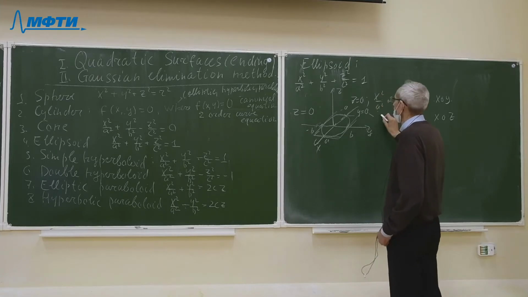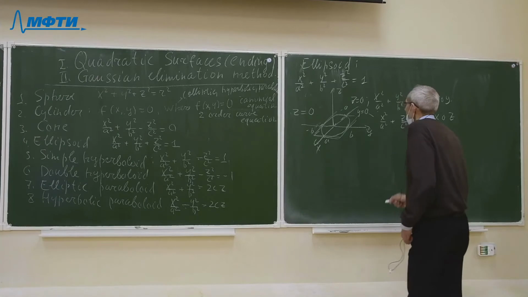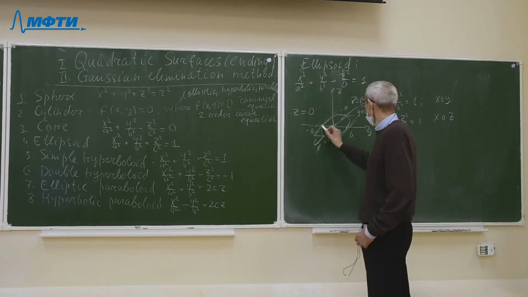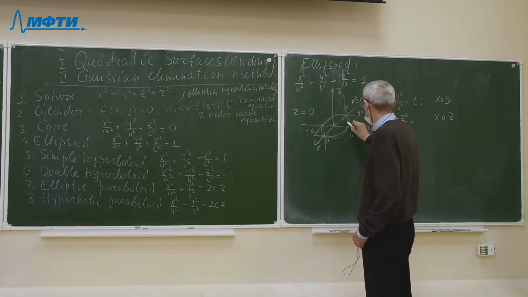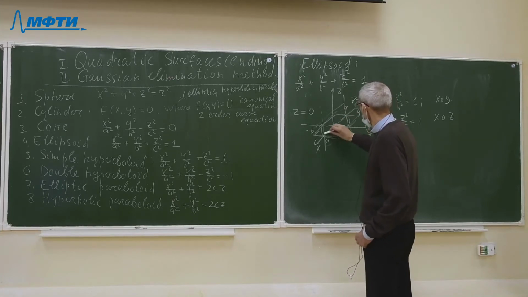We obtain the equation x squared divided by a squared plus z squared divided by c squared is equal to 1. And in this case, we also obtain an ellipse.